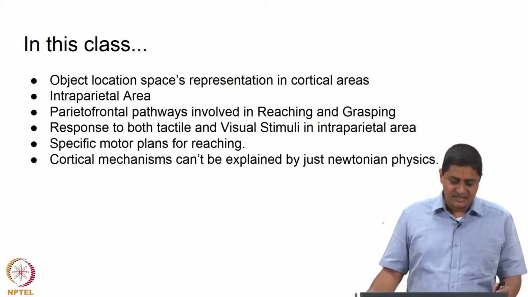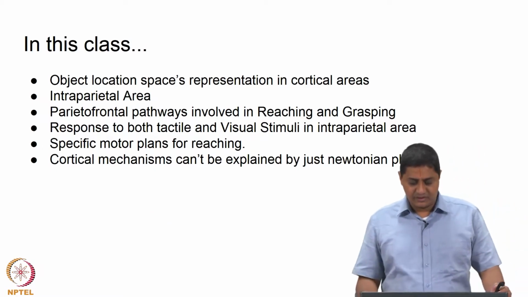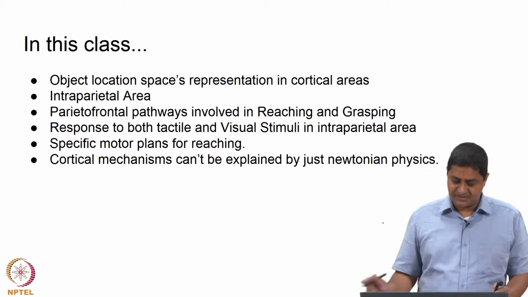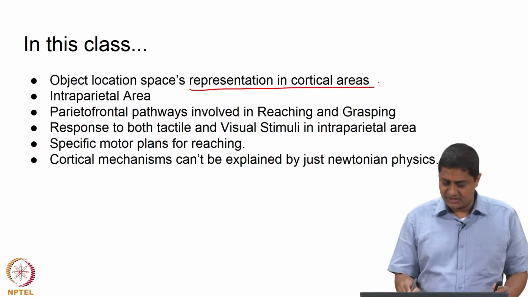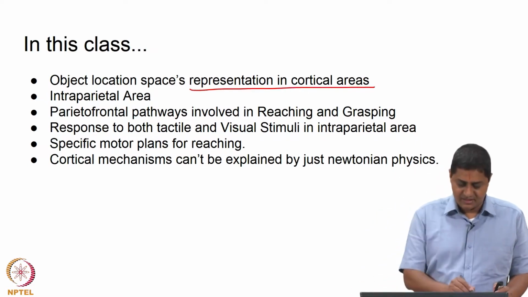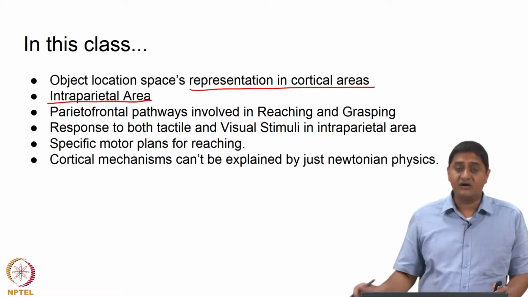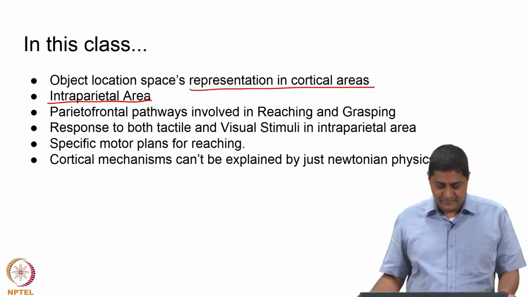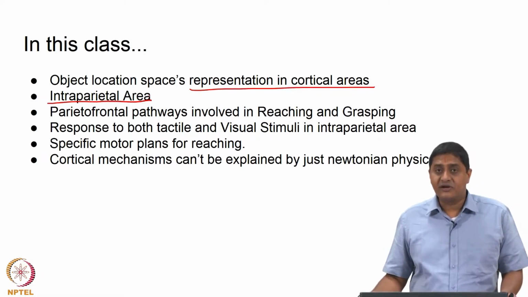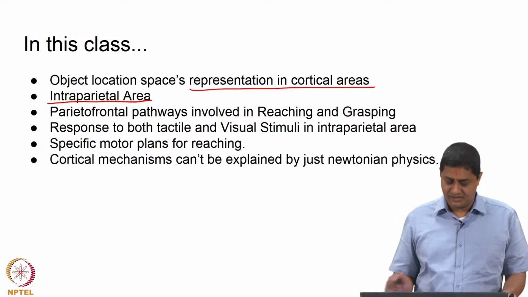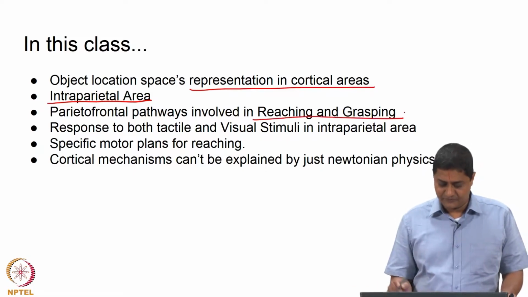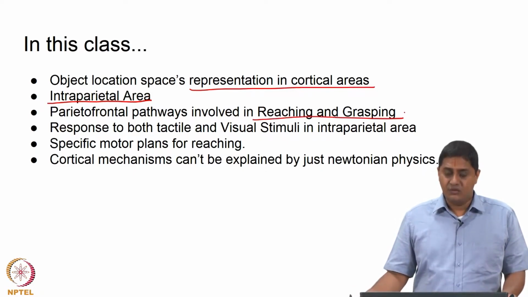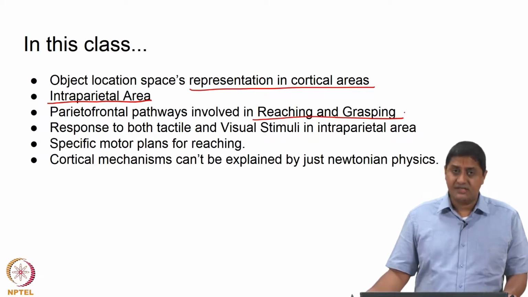So, in today's class, we will be talking about how an object's location in space is represented in cortical areas, something that we discussed in the previous class, and the crucial role of the intraparietal area and the parietofrontal pathways involved in reaching and grasping, and how different sets of neurons respond to different types of stimuli.